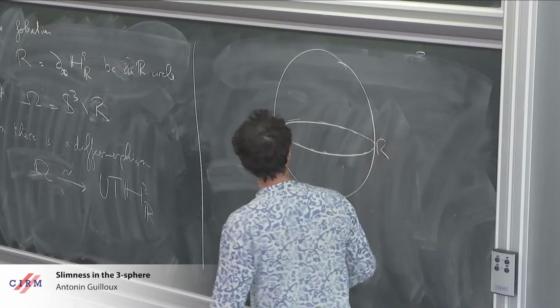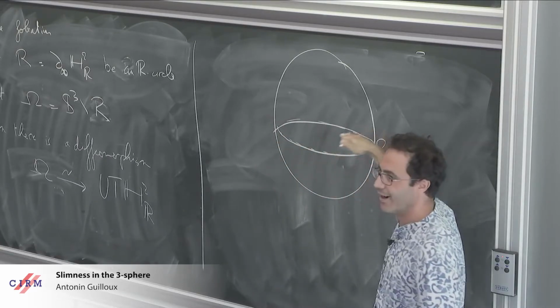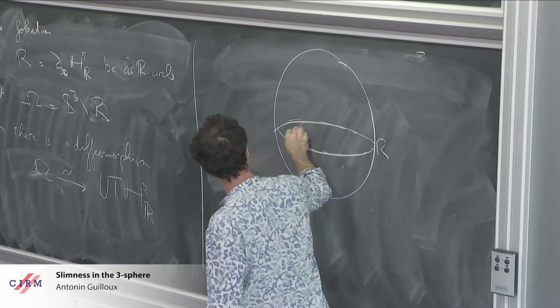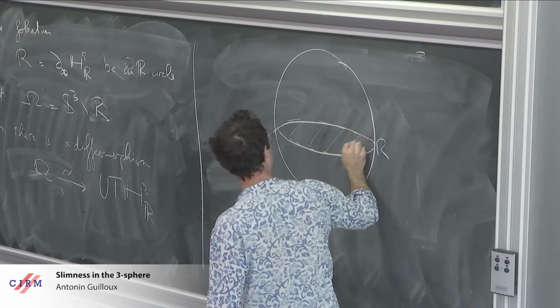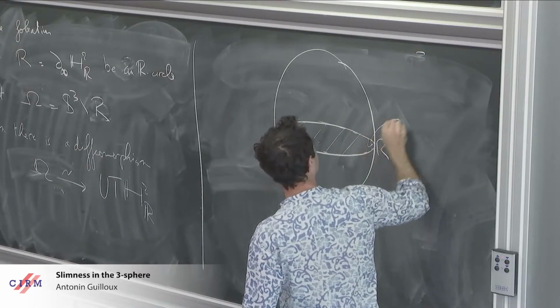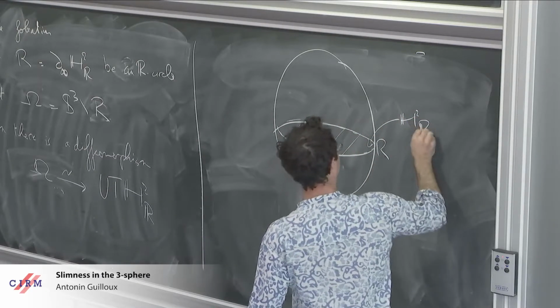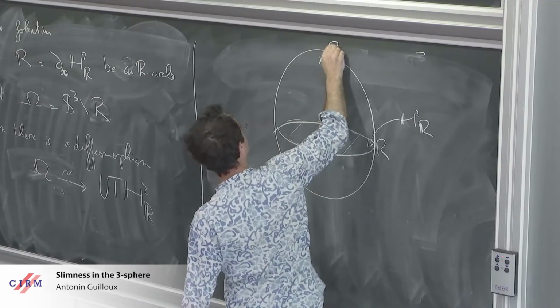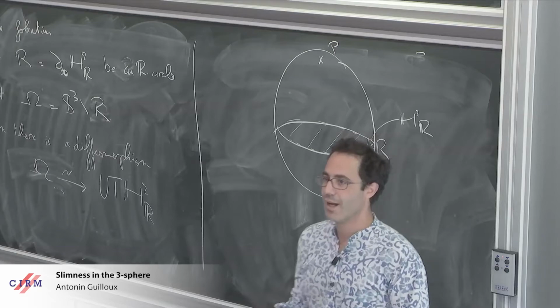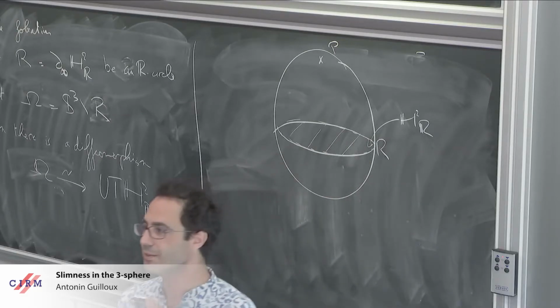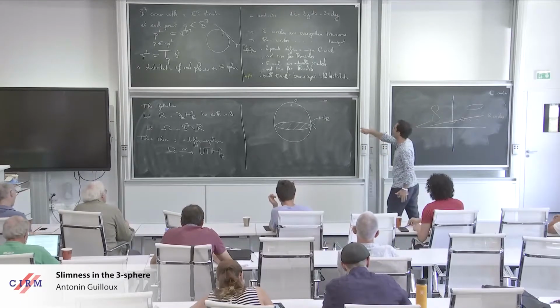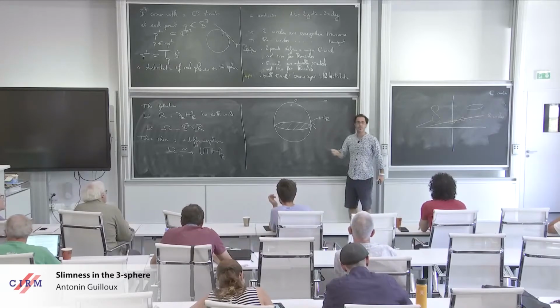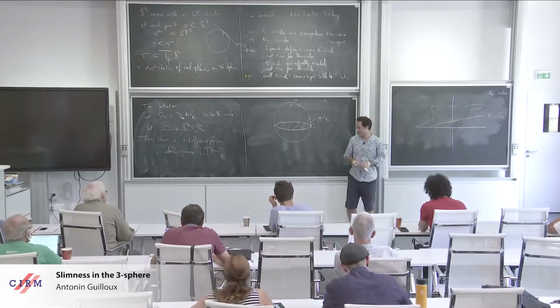So I have my R circle here. I have my real hyperbolic plane, and I take a point P outside. How can I construct not only a point inside H2R, but also a unit tangent vector at this point?